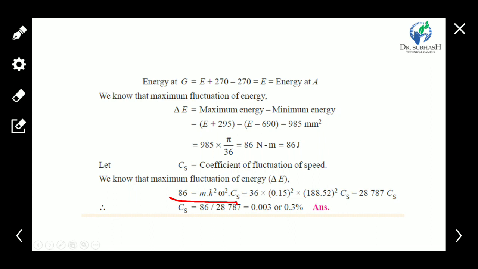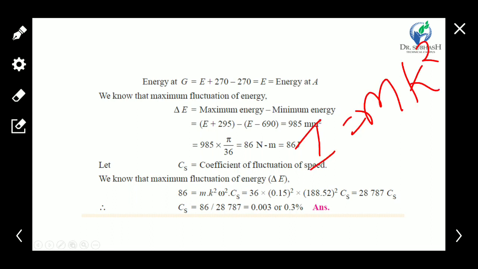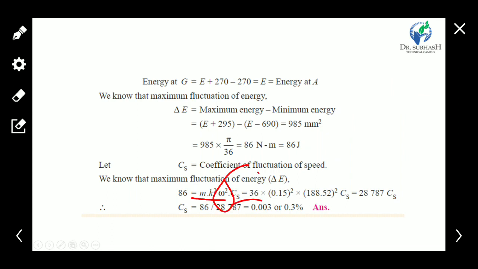From that equation, delta E equals I omega square Cs, where I is the mass moment of inertia and I is equal to m k square. So m k square omega square Cs. Cs we have to find out, m is 36, k is given, omega square we have, and delta E is 86 joule. So we can easily get the value of Cs, which is 0.003 or 0.3% coefficient of fluctuation of speed.